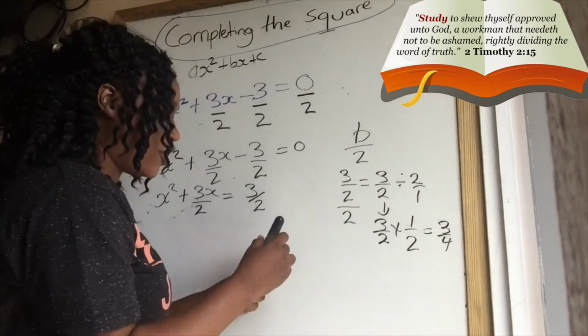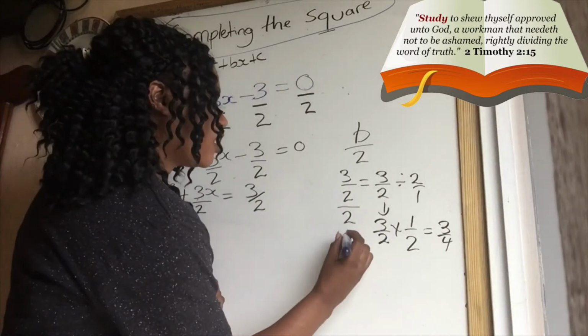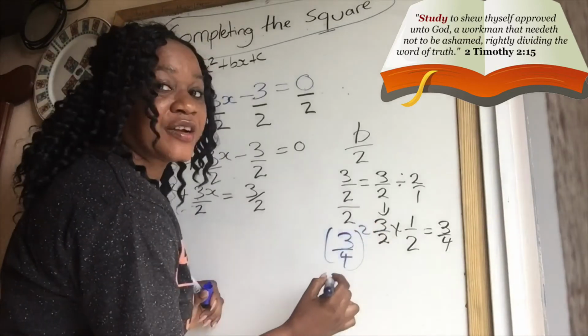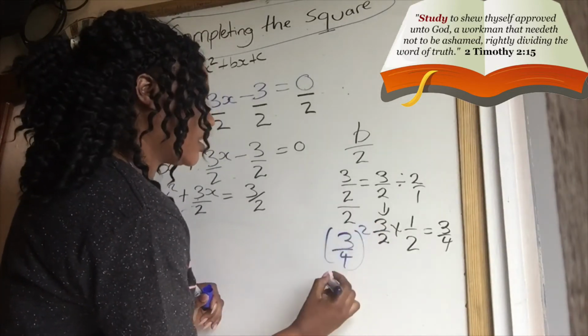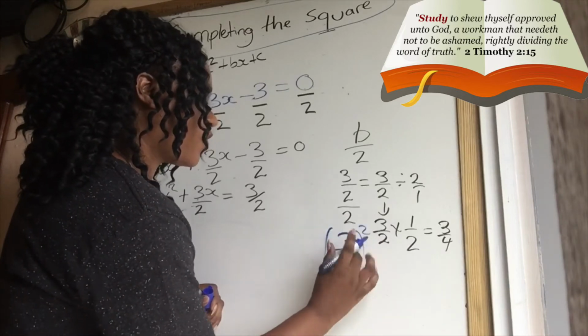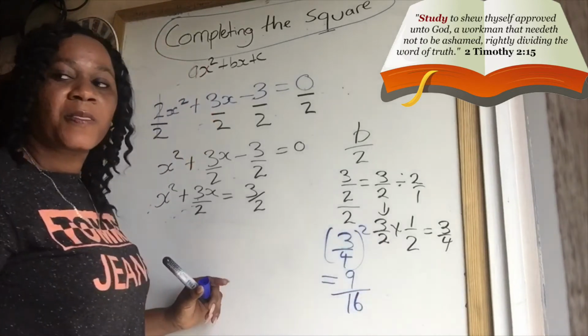Right, we need to square that number. So it is 3 over 4, and we're going to square it. When we square this number, it is equal to 3 3 is 9 over 4 4 is 16.